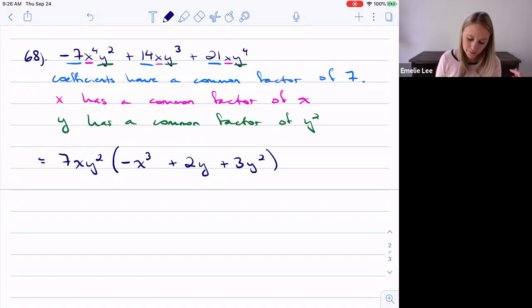Okay. So here, especially if you're not sure about your factoring, a good idea is just to expand it out and make sure that you end up with the same answer that you started with. When we expand this, we should end up at the same polynomial that we started with.